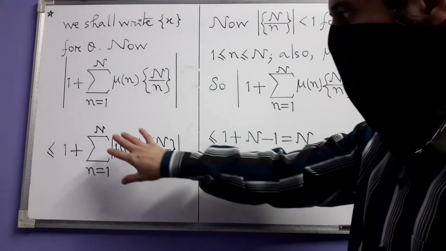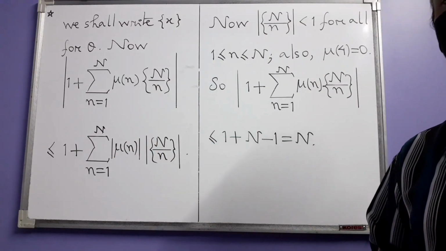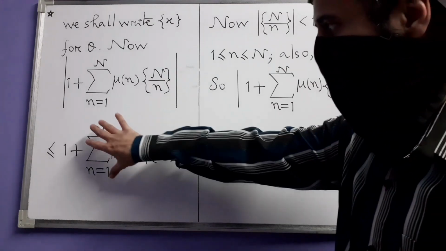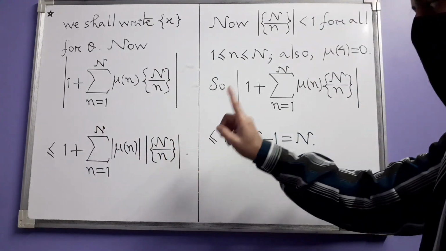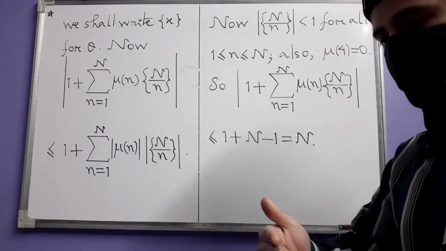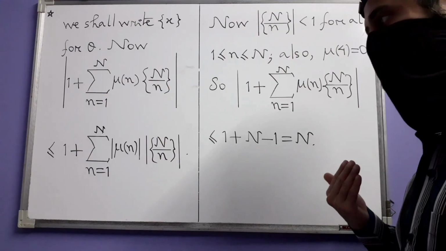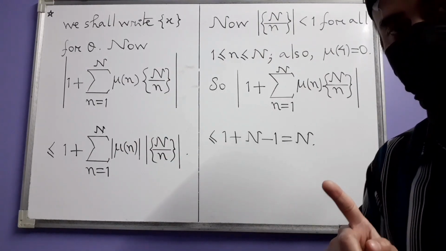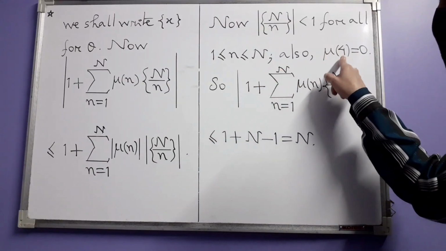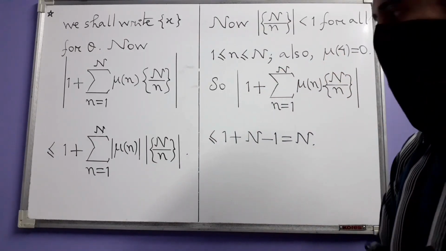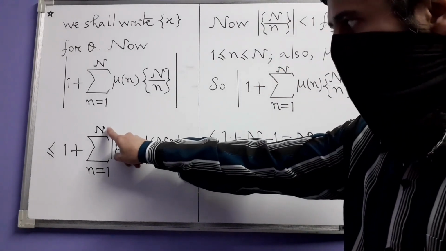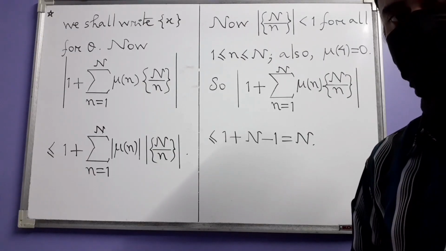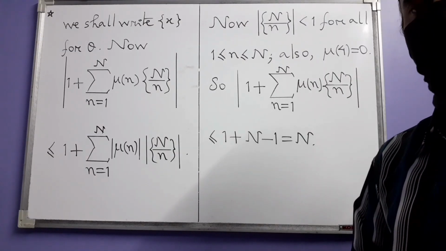So that means if we further use this fact, then we can write that this sum is less than or equal to the sum of that many ones as many terms this sum has, taking into account that one of the terms has vanished because of this fact. Originally there were capital N number of terms, but now the number of terms has gone down by 1.